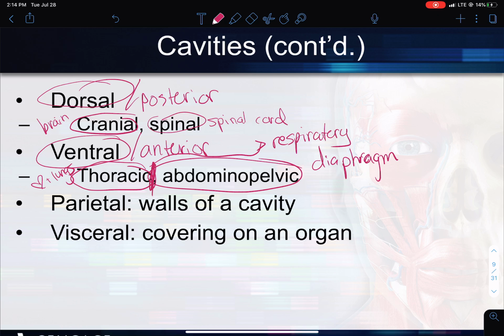Then we have other terms that we use to describe what's going on within these cavities. Each organ is going to have its own set of membranes or layers that will help separate it from other organs. It might be because there is some fluid that needs to separate the two, which is part of the functionality of that organ. Or it might just need to be separated so that it doesn't rub up against other organs, and we don't want to create a lot of friction whenever one organ is bumping up against another.